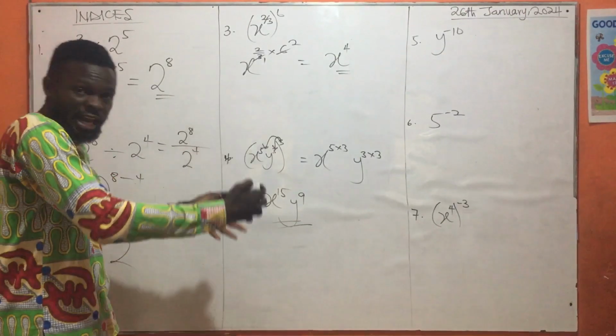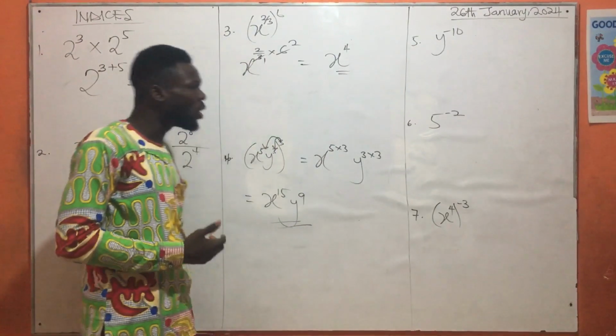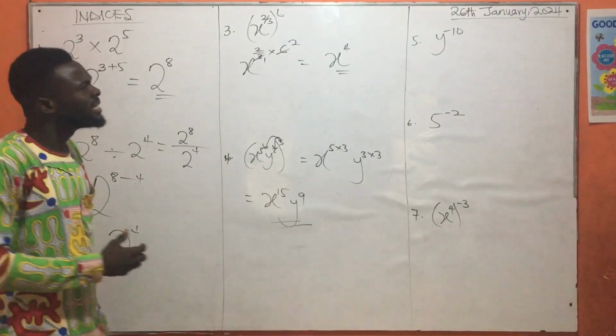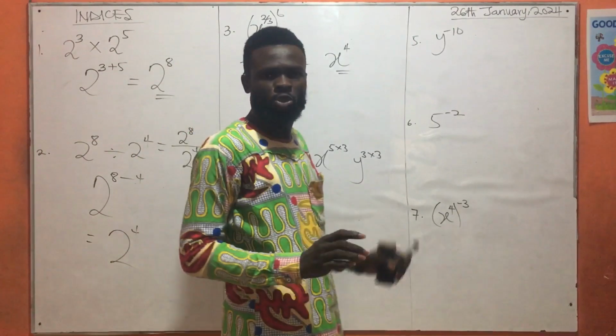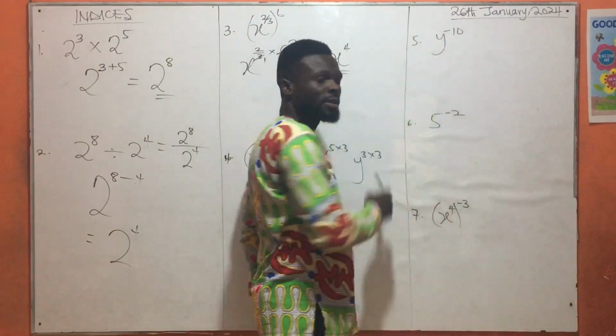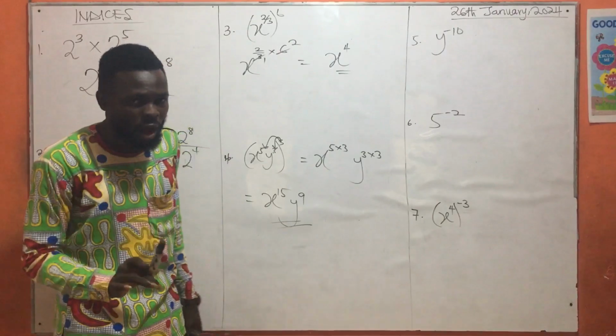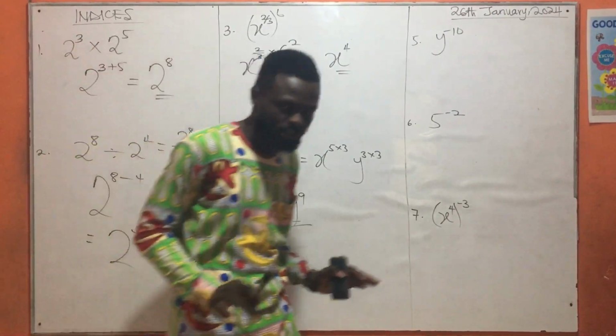These are just an introduction, which, God willing, next week will come with more of this. Now the 5th law, which happens to be the very last one, tells us that not always will the exponent or the power be positive.